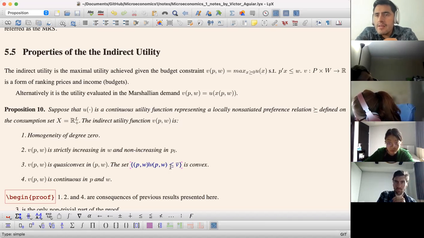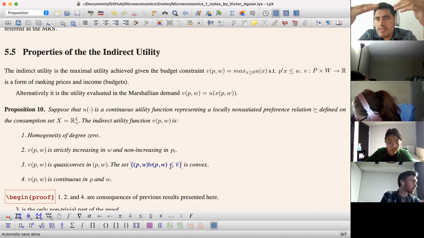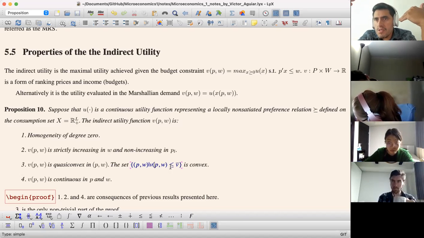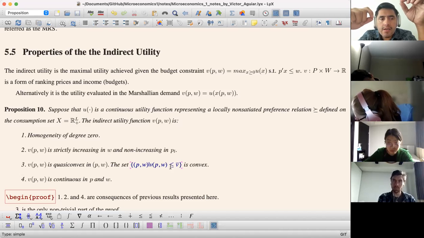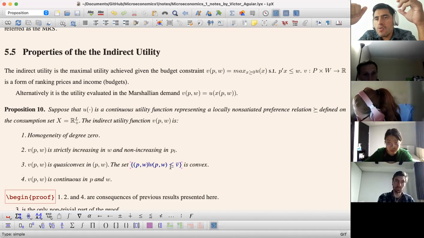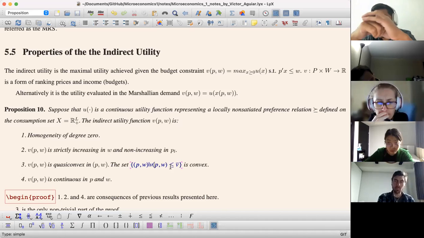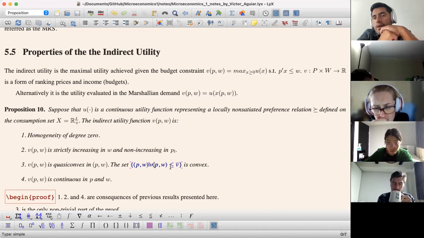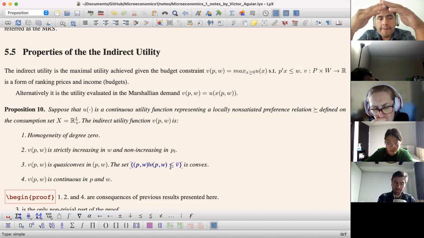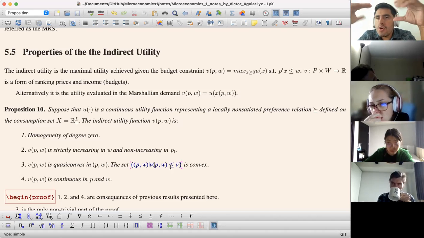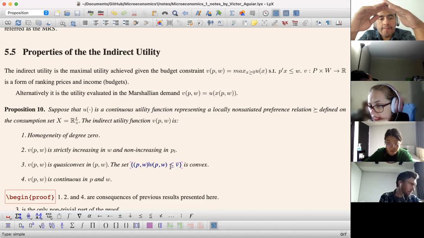In the end, when we match this theory with the theory of expenditure minimization, if you remember this from undergrad or master classes, we will be able to link this quasi-convexity of the indirect utility to a more important property, which is the concavity of the expenditure function. At this stage, this is a property that is inherent. It's kind of the mirror image of the fact that the demand correspondence is upper hemicontinuous and compact valued.